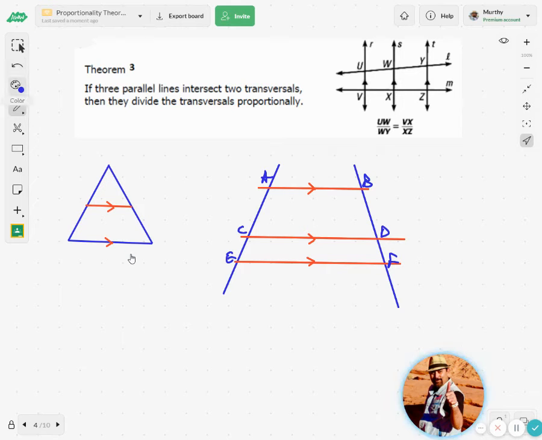Okay, now this is almost the same as the previous one. How come? Let me draw a straight line using this one.